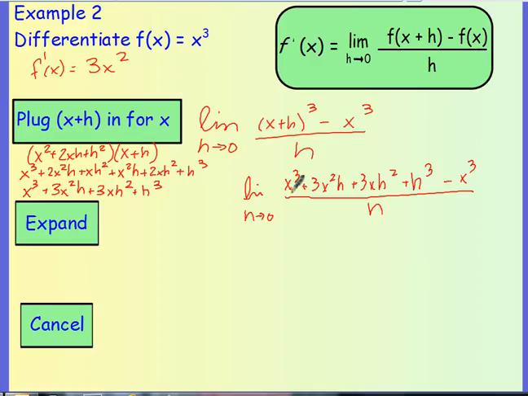The x cubed is going to cancel out, and the problem is, yes, I still have an h on the bottom. So instead of just simplifying and writing it, do y'all notice what I'm going to do to the top? They all have a what? An h. So I take out an h. If I take out an h from everything that's left, what am I left with?